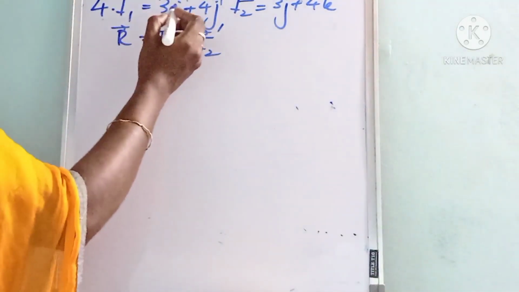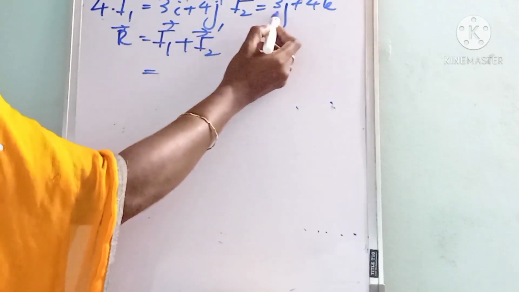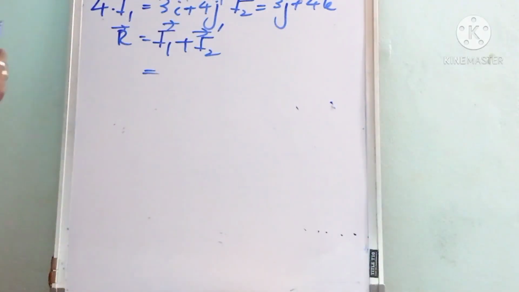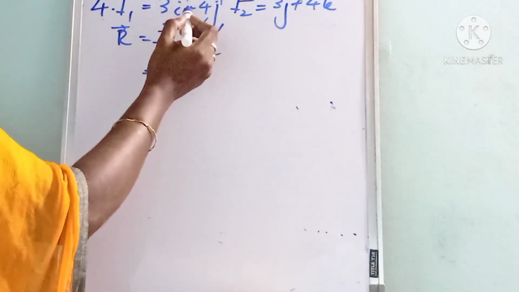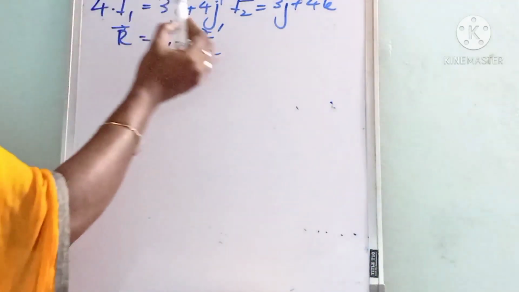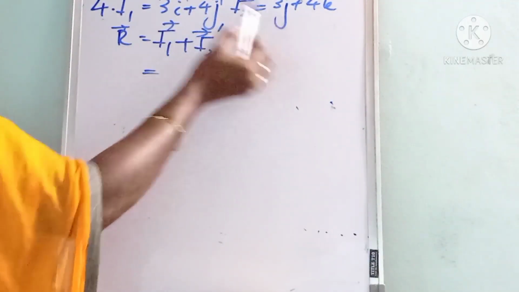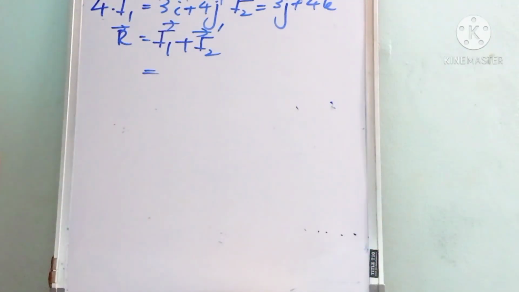So we have F1 as 3i plus 4j, then F2 as 3j plus 4k. To find the resultant, we first add the terms containing i, then the terms containing j, then the terms containing k.